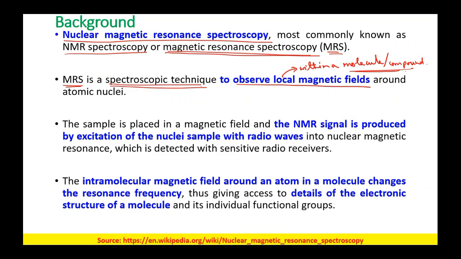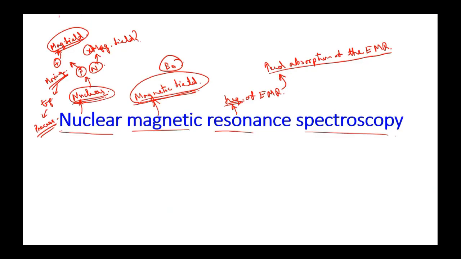Now, when I am talking about electromagnetic radiations and their frequency, what type of electromagnetic radiation are we talking about? In NMR spectroscopy, we are interested in RF frequencies, or radio frequencies.